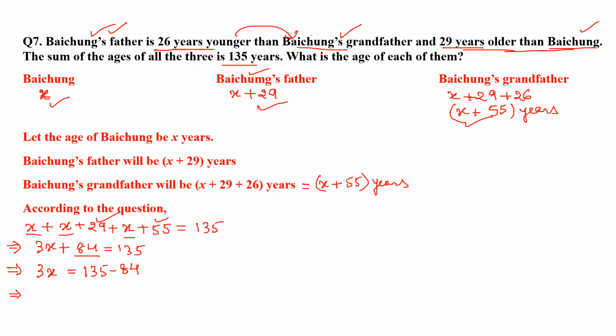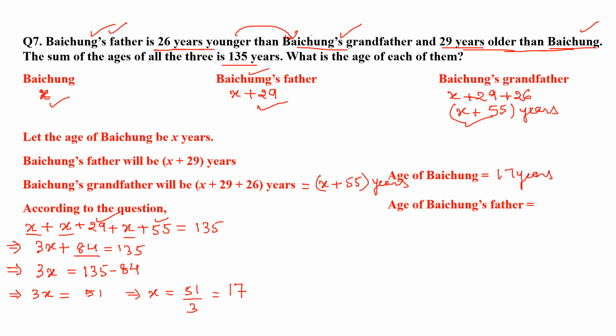So 3x will be equal to 135 minus 84. How much will I get? I will get 51. Now from here I can get the value of x as 51 by 3. I have transposed 3 to the other side, and 3 was multiplied, so it becomes division. And 51 divided by 3 is 17. So from here I have got the age of Bachung is 17 years, isn't it?